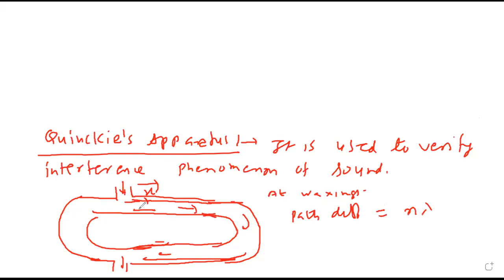If it is pulled by X, the total path difference will become 2x from top and bottom. That will become n lambda. And for waning, you have to write 2x equals an odd multiple of half the wavelength. So if sometimes they ask this sum, this is how we have to approach.